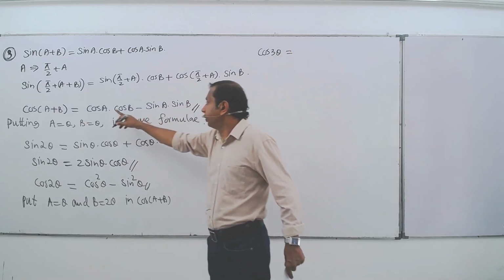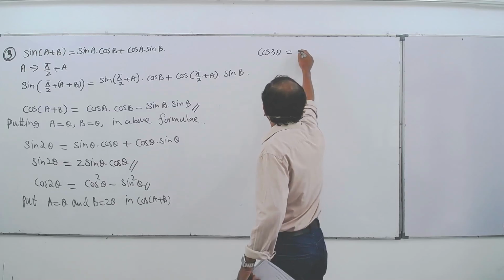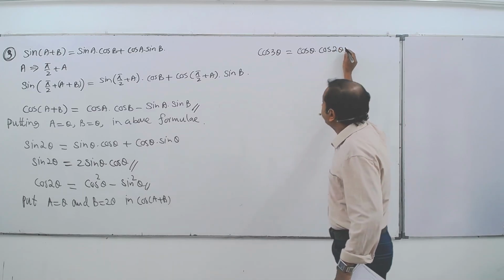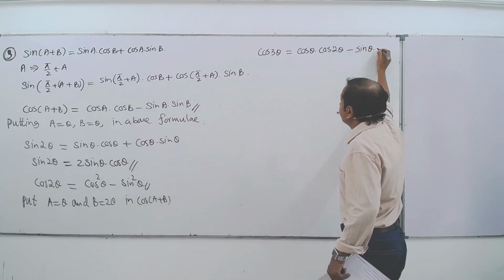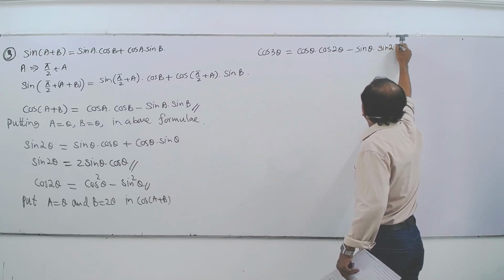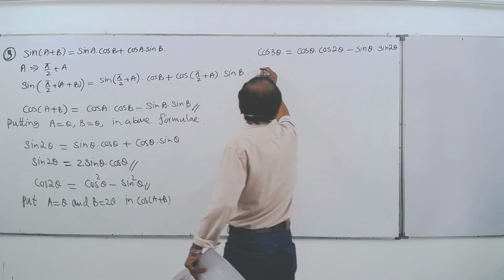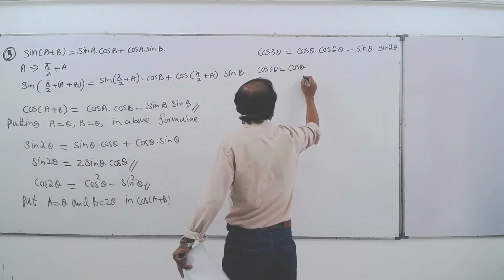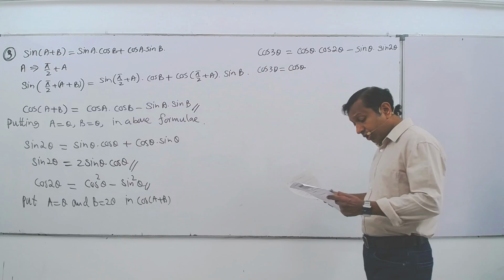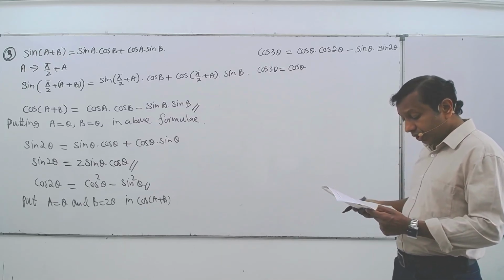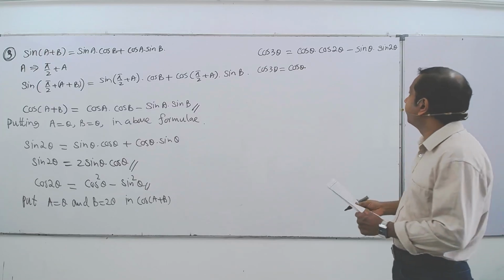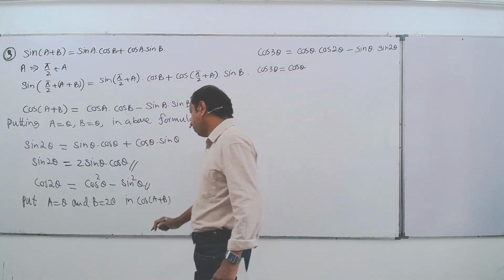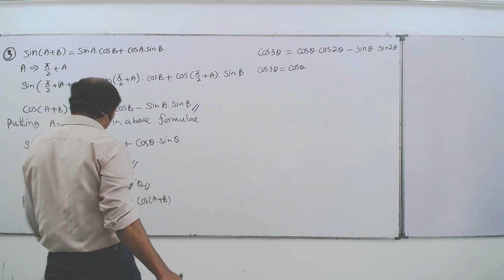On the right hand side, A theta, B 2 theta, cos theta cos 2 theta minus sin theta sin 2 theta. We are asked to show cos 3 theta only in terms of cos theta. Right, first of all, for this cos 2 theta we use the answer cos square theta minus sin square theta.